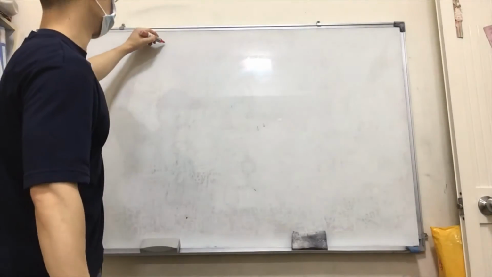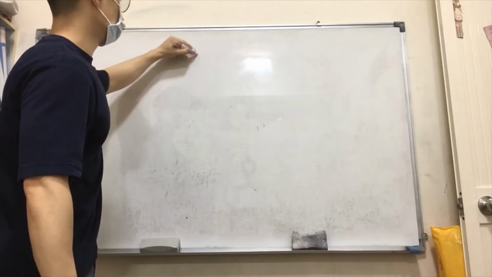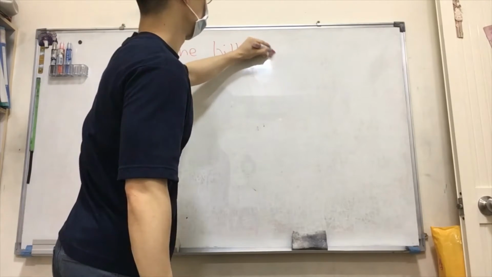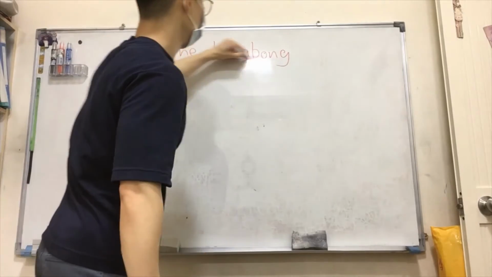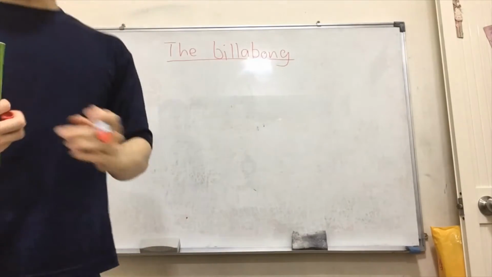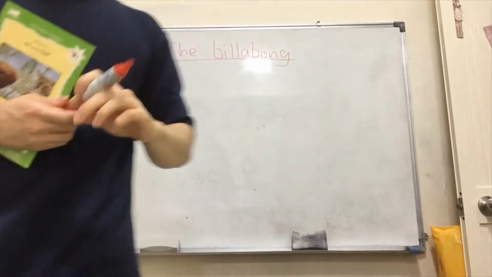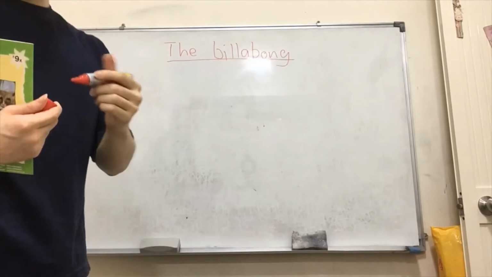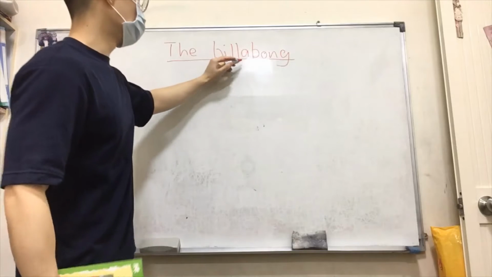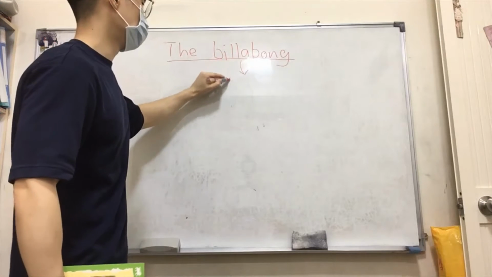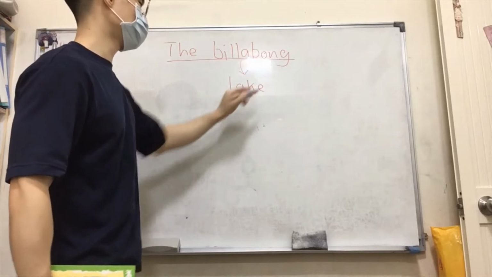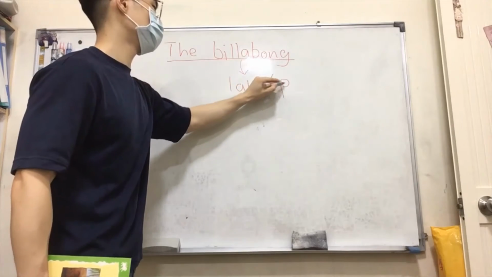So today's topic will be on the Billabong. Firstly, what is the word here? What is Billabong? So Billabong is like a lake, a lake or a pond.